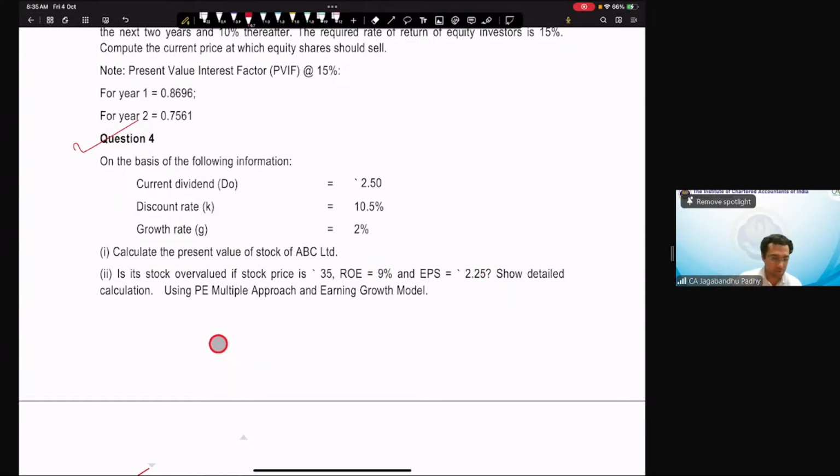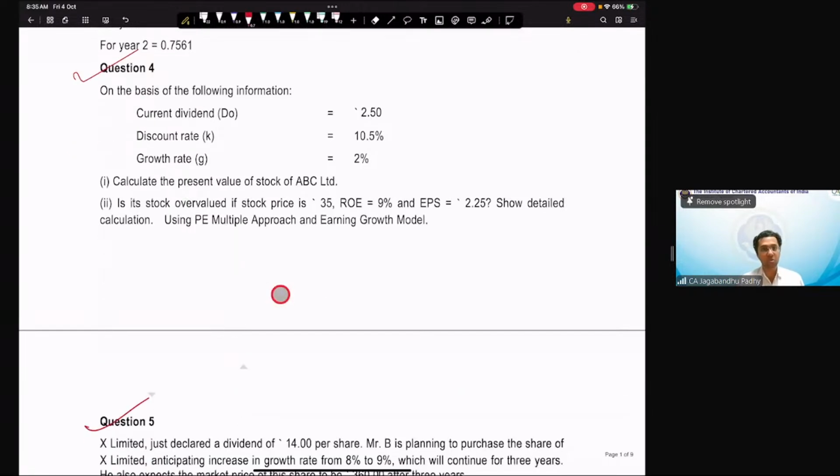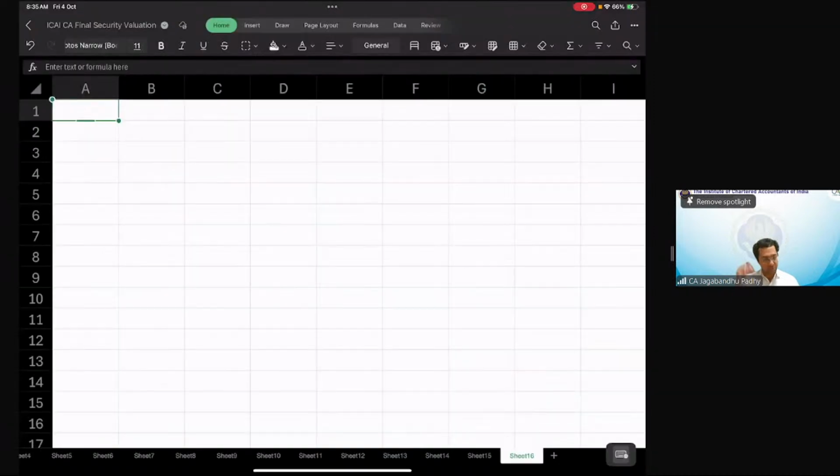Show detailed calculation using the P/E multiple approach and earnings growth rate approach. Okay, so we have to use 2 approaches. One is the price to earning approach, and the other is the earnings growth model. Okay, so current dividend D0 is 2.5, discount rate is 10, and growth rate is 2%.